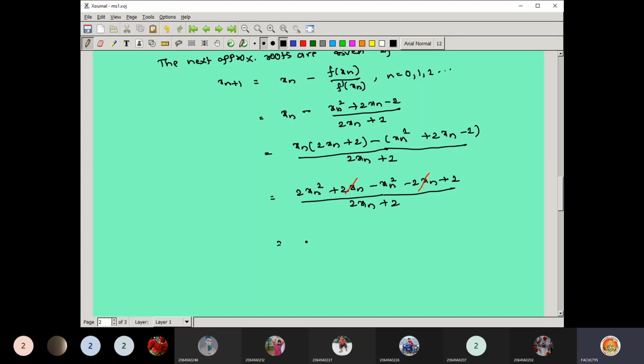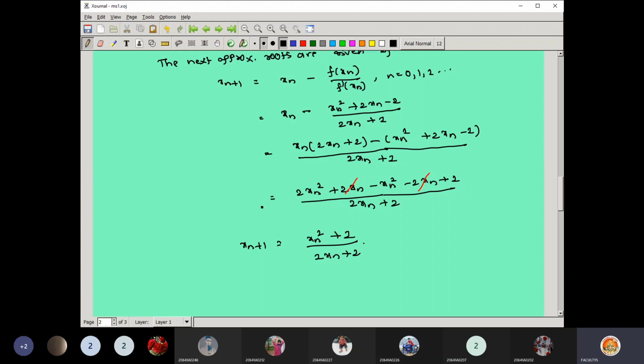So finally, 2xn square minus xn square, so only we are having xn square, and here it is plus 2, divided by 2xn plus 2. So this is the final simplification of your Newton-Raphson method formula. This left hand side becomes xn plus 1.